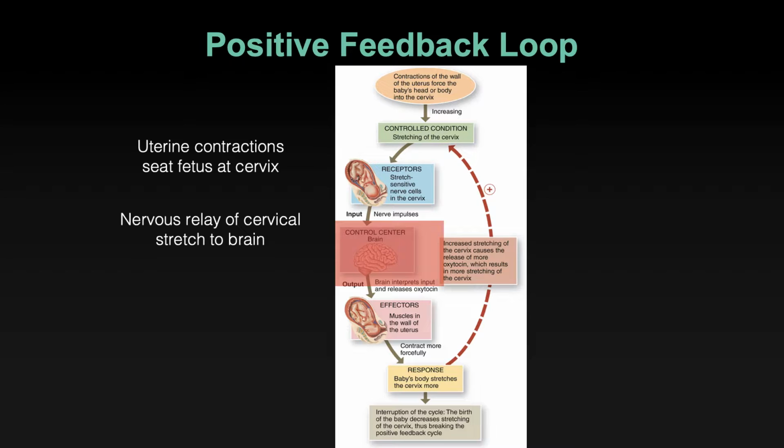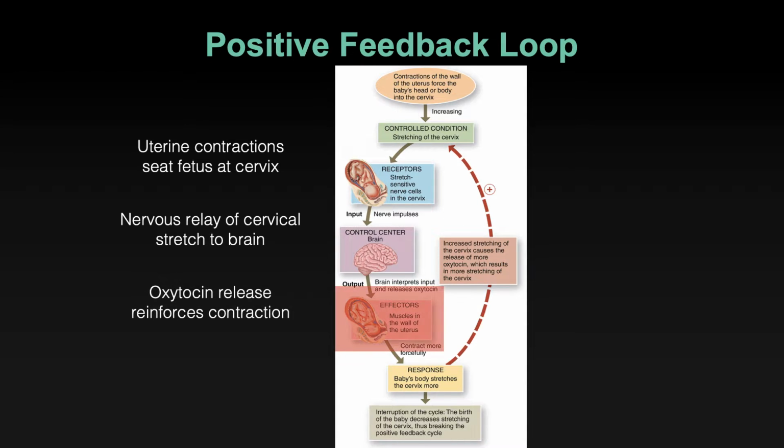And you can imagine the uterus contracting around the fetus increases pressure, tries to push the fetus out, creates more stretch at the cervix. Oxytocin reinforces this cycle. Stretch increases, more oxytocin is released, more pressure occurs, more stretch occurs.